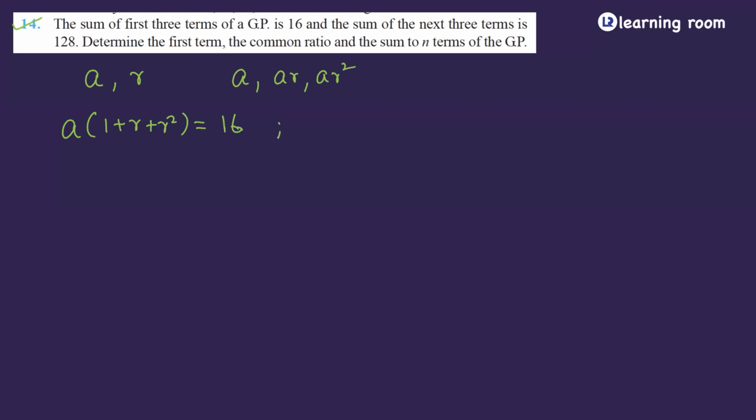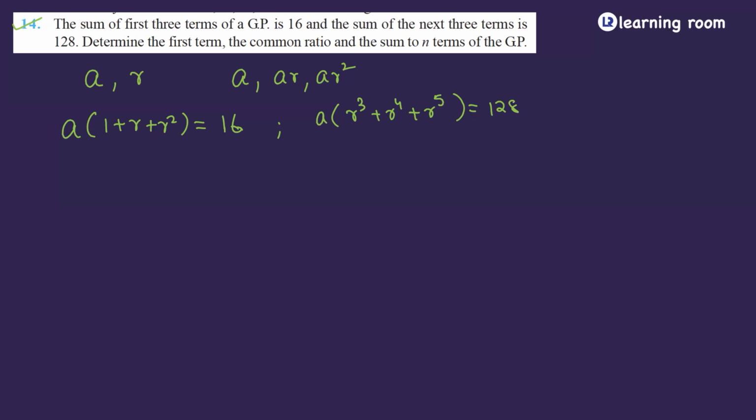Similarly, the sum of the next three terms is 128. So A into, what should I write? R cube plus R power 4 plus R power 5 is equal to 128. So what can I take out common from?